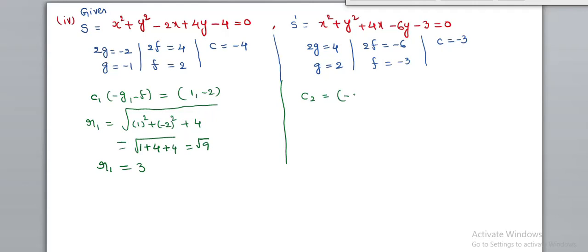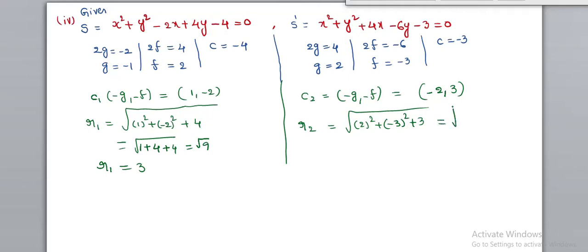Center C2 is equal to (minus g, minus f), that is (minus 2, plus 3). R2 is equal to the square root of g square plus f square minus c, 2 square plus minus 3 whole square plus 3, which is 4 plus 9 plus 3. So 4 plus 9 is 13, 13 plus 9 is 34. Root 34. So the R2 value is root 34.